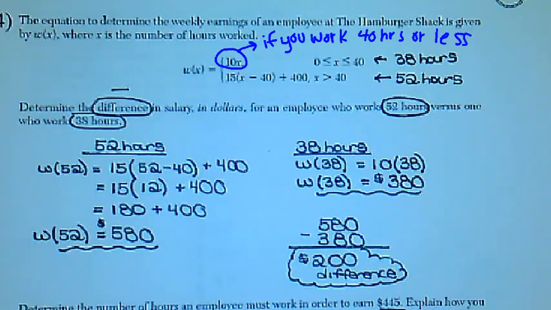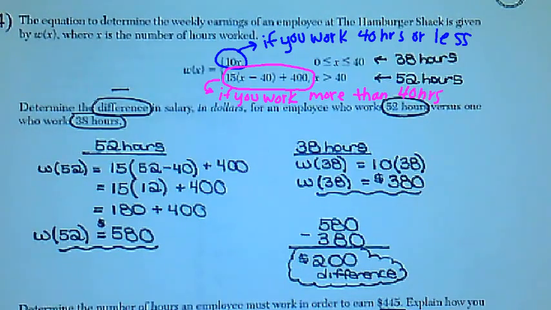If you work more than 40 hours, 40 hours you still use the top function. But if it's greater than 40 hours, anybody who has a job or understands how you get paid, if you work more than the hours you're supposed to, you get overtime. So this is the equation if you work more than 40 hours.